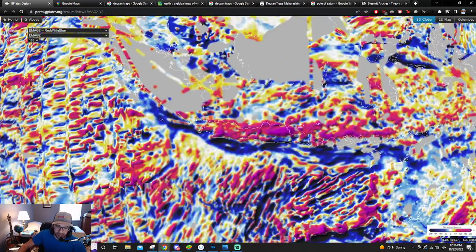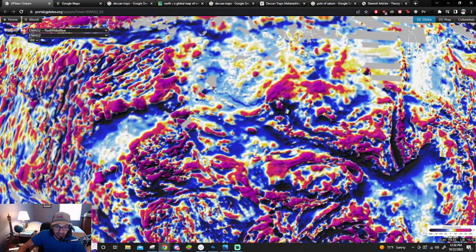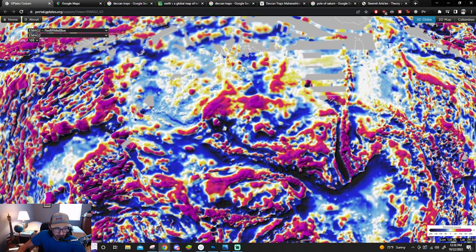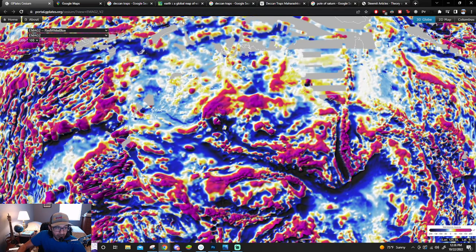Let's just go look at it real quick. This entire body here used to be the core, with a center, a nucleus, and its outer shell.